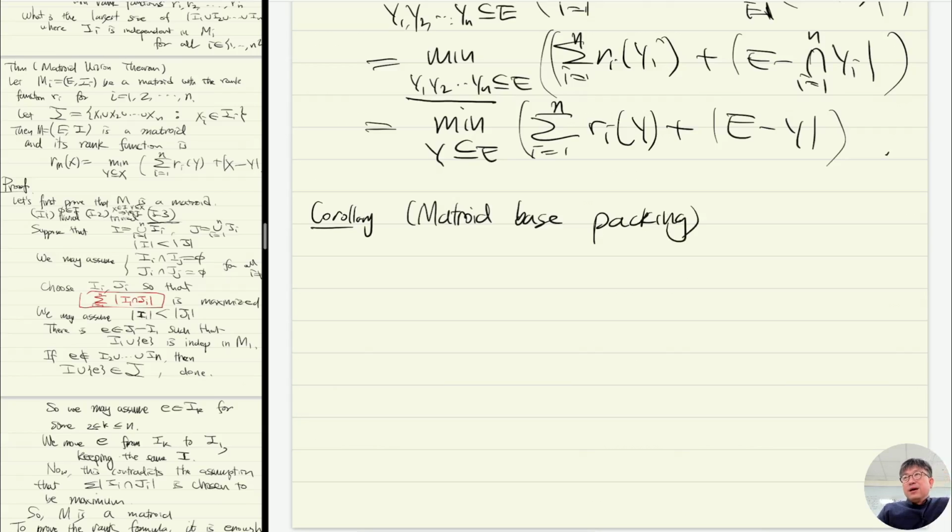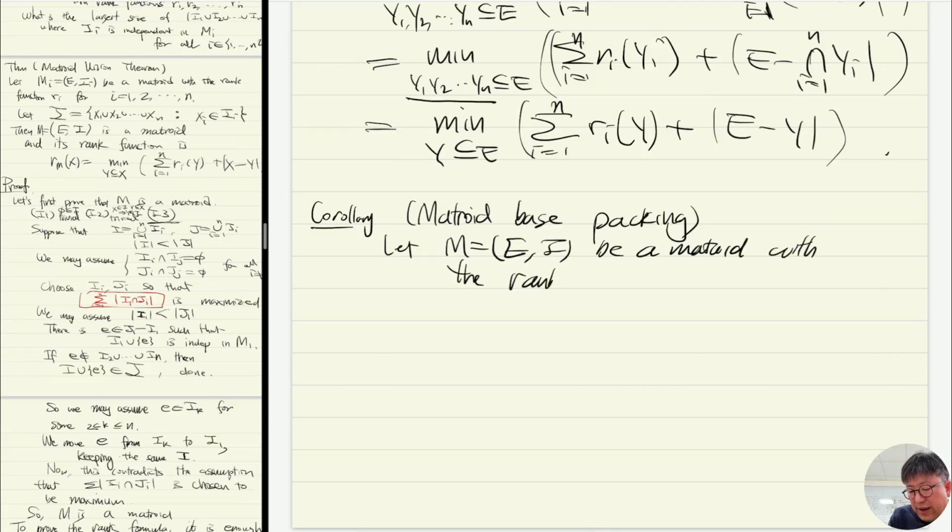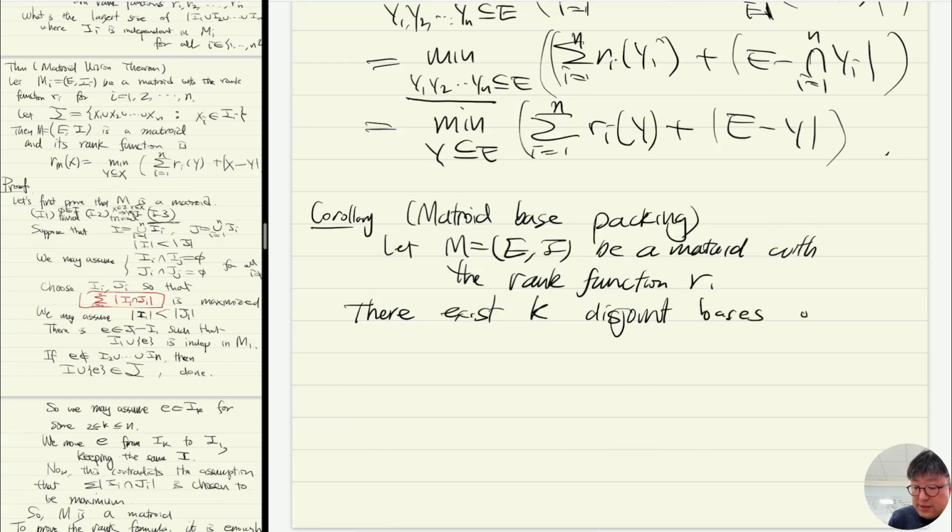Let M be a matroid with the rank function R. Then there exist K disjoint bases of M. What does that mean?